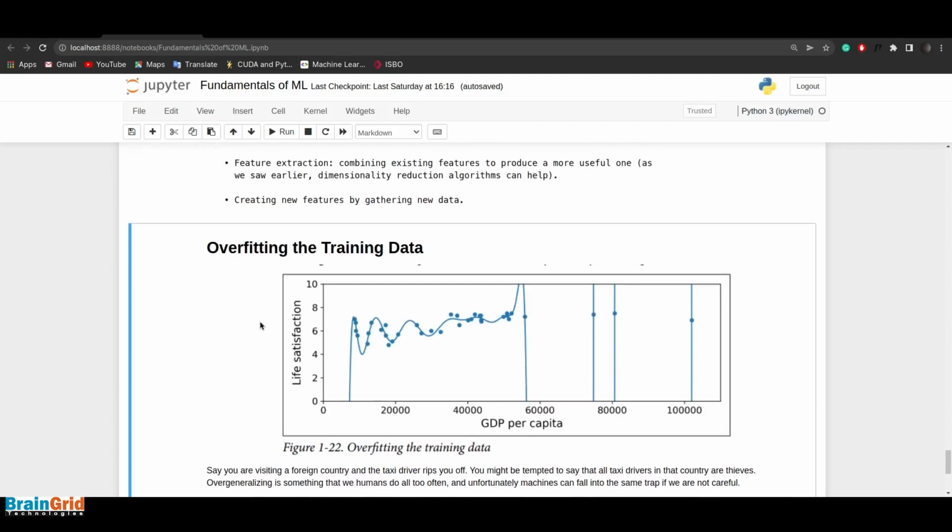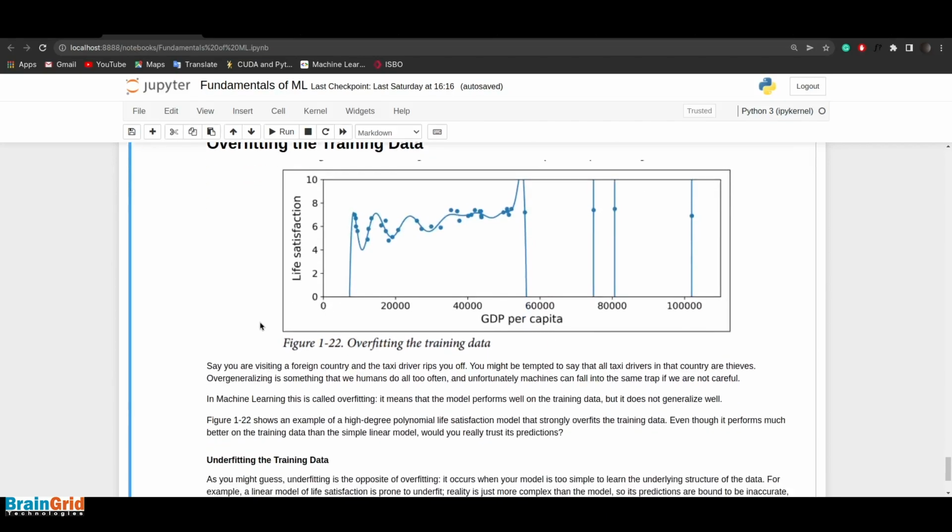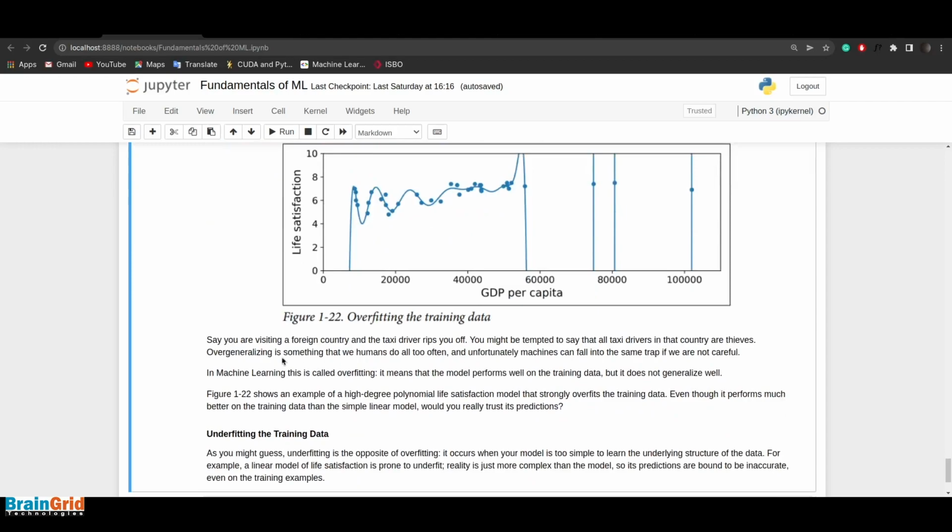This is a pretty crucial one that we usually, not always, but usually are bound to run into. Now let's understand what overfitting is with an example. Say you're visiting a foreign country and the taxi driver rips you off.